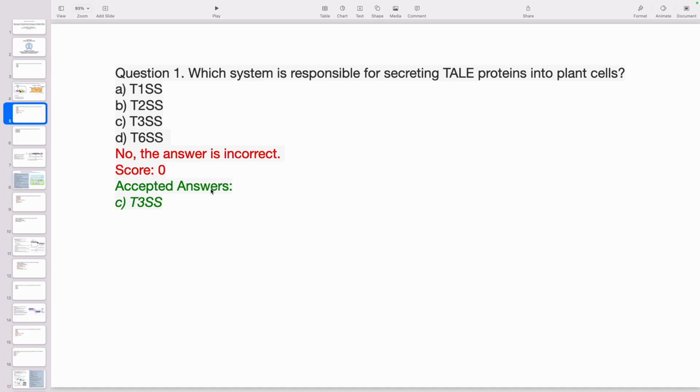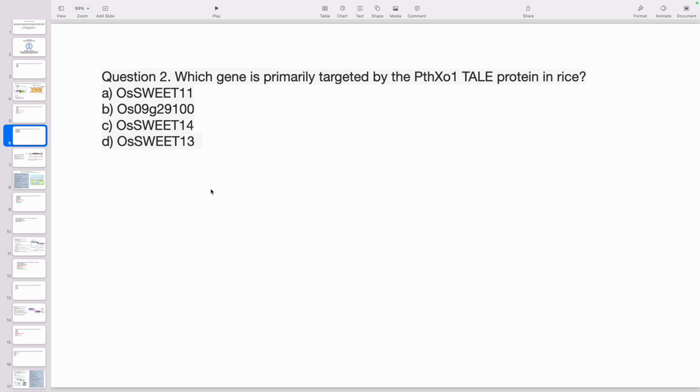Let's move to our next question. Question second. Which gene is primarily targeted by PTH-XO1 TAL protein in rice? The options are given on the screen.